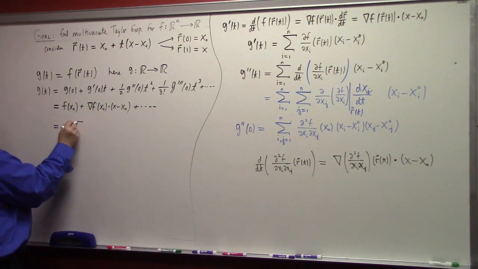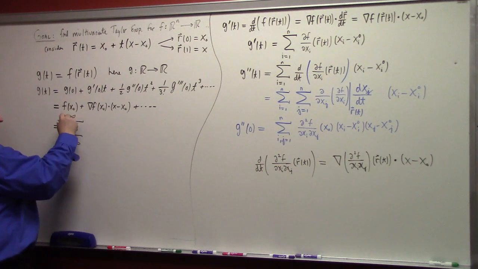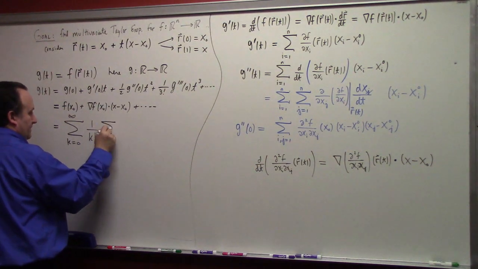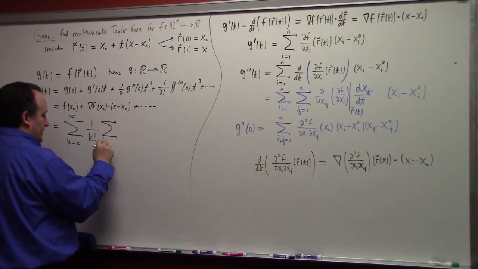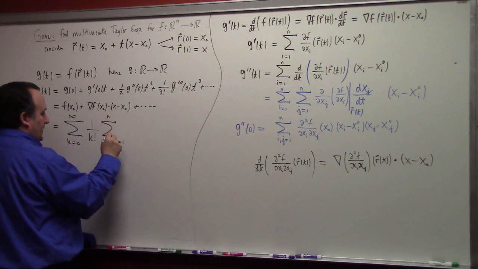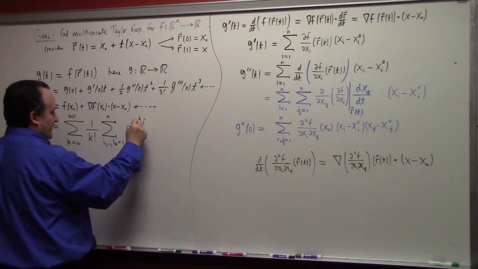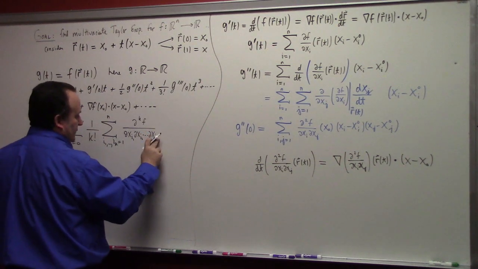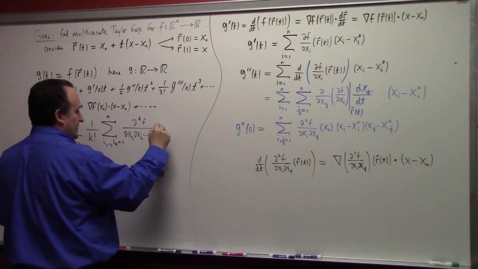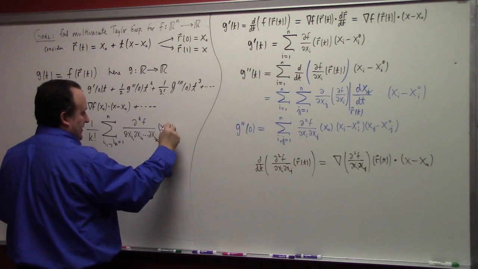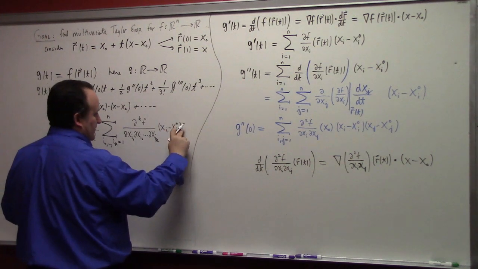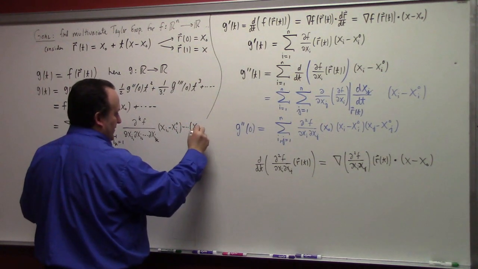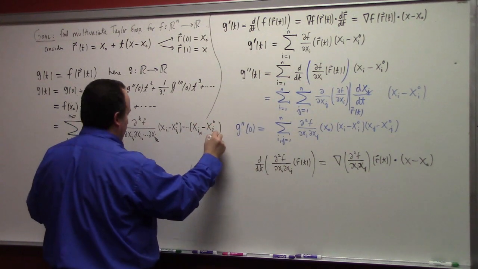This is going to come to the sum k equals 0 to infinity of 1 over k factorial, the sum i_1 through i_k equals 1 to n, of partial^k f, partial x_{i1}, partial x_{i2}, and so on up to x_{ik}, times x_{i1} minus x_{i1} naught, and so forth, times x sub i_k minus the i_k-th component of x naught, and there you go.